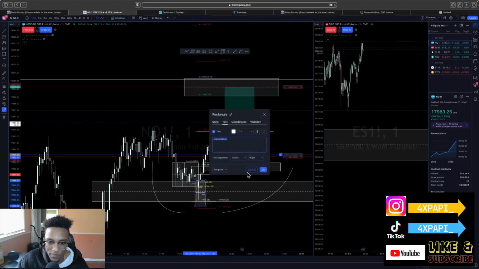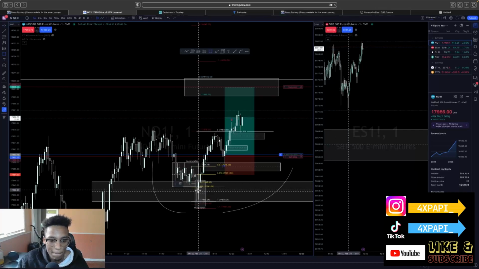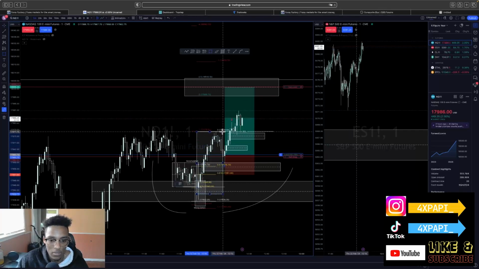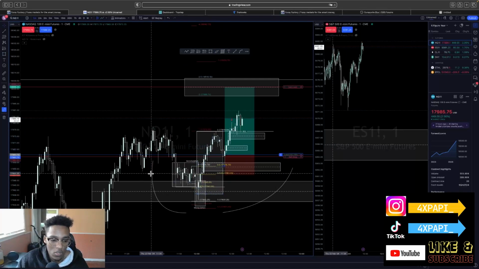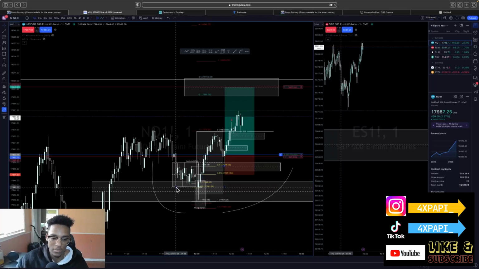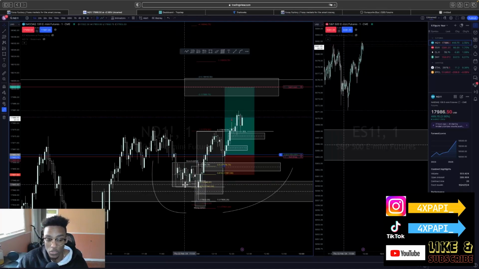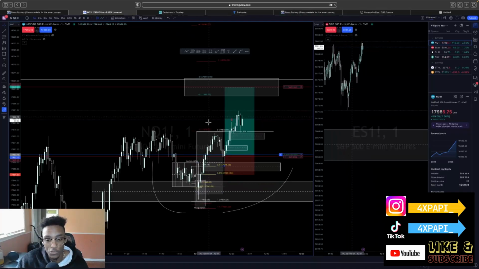Let's do bottom. Yep, see? Accumulation, manipulation, and then the distribution after that. So what we did is we formed a support, and, ICT concepts. This support with all these stacked lows, people will feel like, oh, okay, price is holding this area, we'll definitely be able to shoot up.